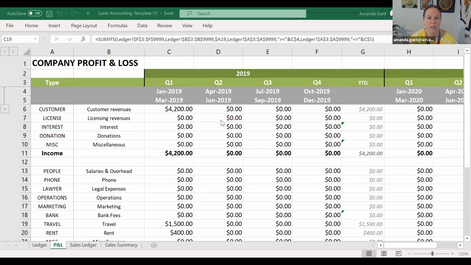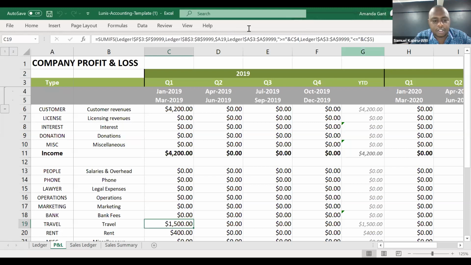Samuel, did you see any questions in the chat box or have anything to add? Yes, there is a question from Bernard regarding the donation and how it's treated in the P&L. Is it treated as an income? And would this not distort the financial strength of the company, even to investors?